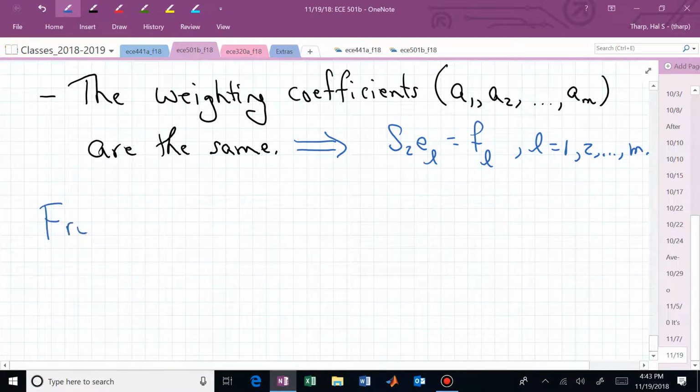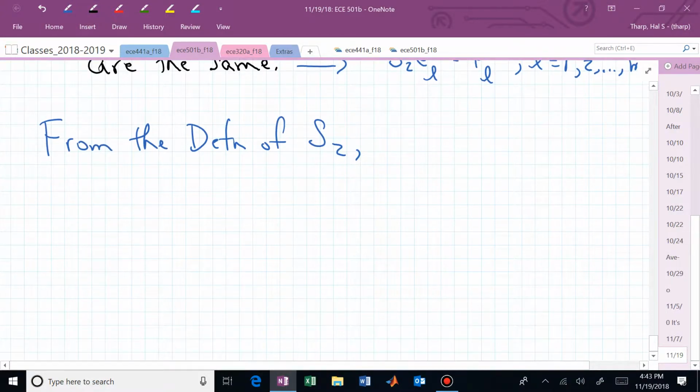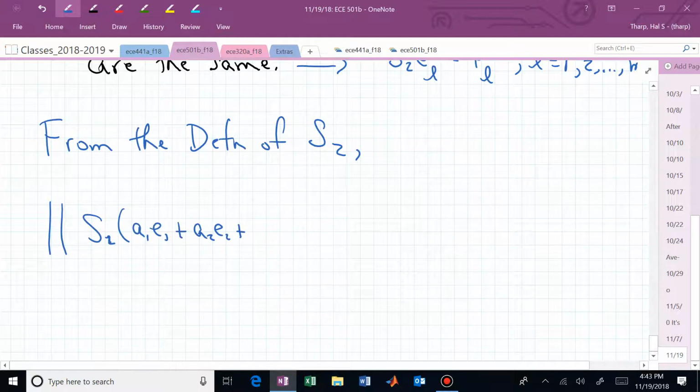From the definition of S sub 2, we can now say that the norm of S sub 2 operating on a1 e1 plus a2 e2 up to a sub m e sub m is equal to, let's square it since that usually is cleaner anyway.